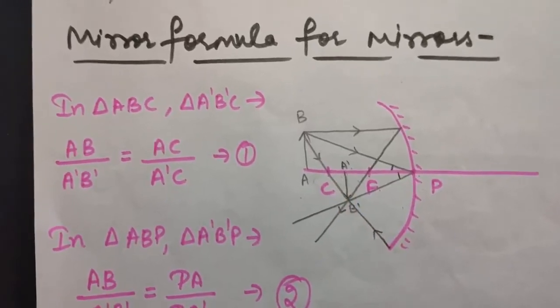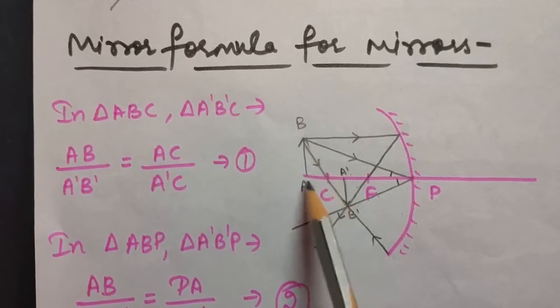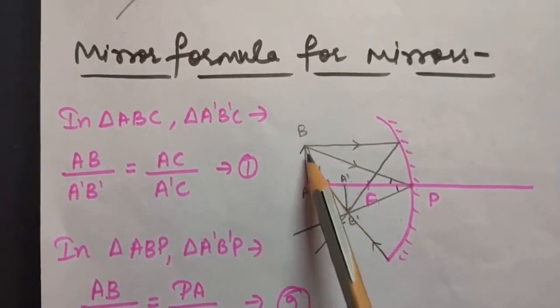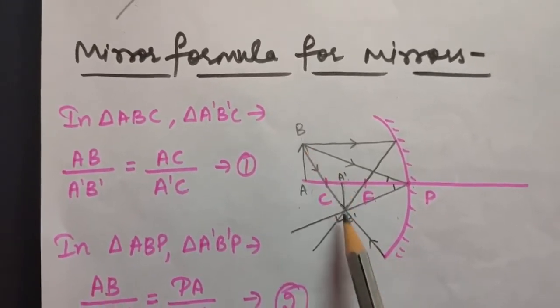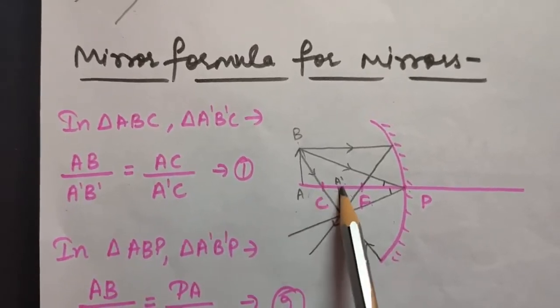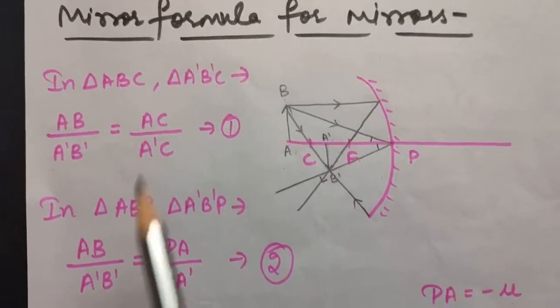Okay. Now, see, if you look at the triangles ABC and A'B'C, these two triangles are similar. So we can write AB upon A'B' is equal to AC upon A'C. Mark it first equation.